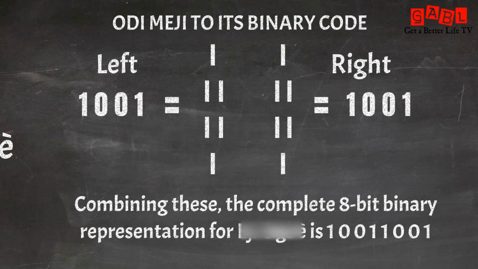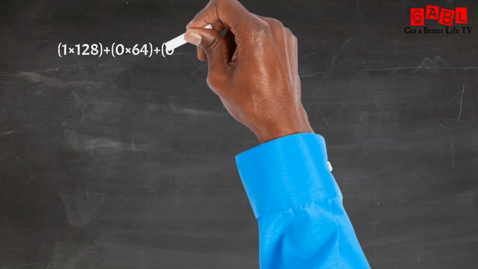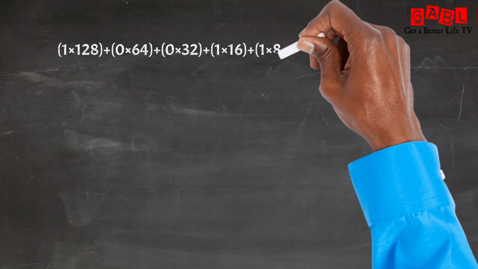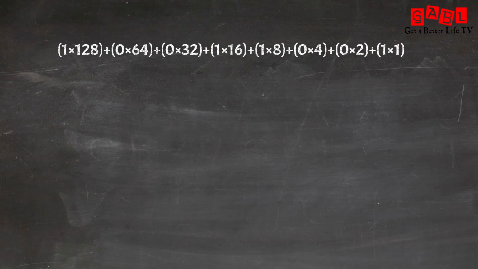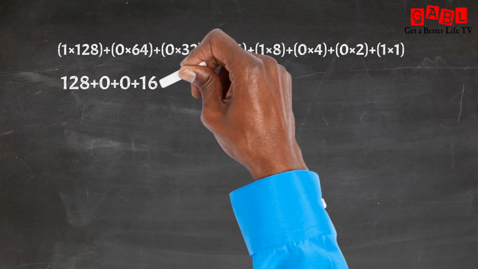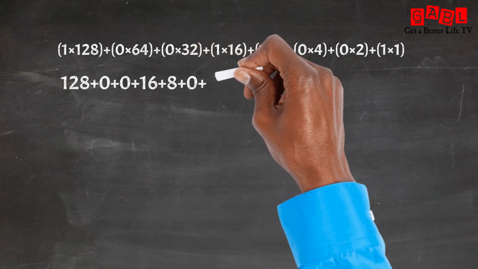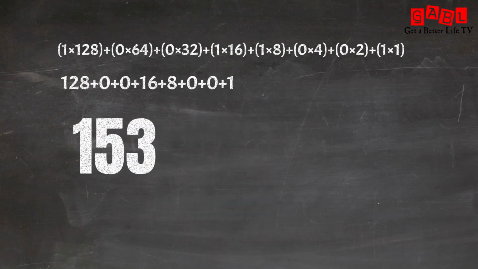Now, converting this binary code to its decimal equivalent, as you can see on the screen. This calculates to 128 plus 0 plus 0 plus 16 plus 8 plus 0 plus 0 plus 1, which sums up to 153.